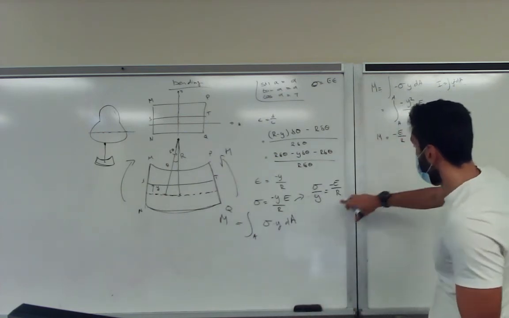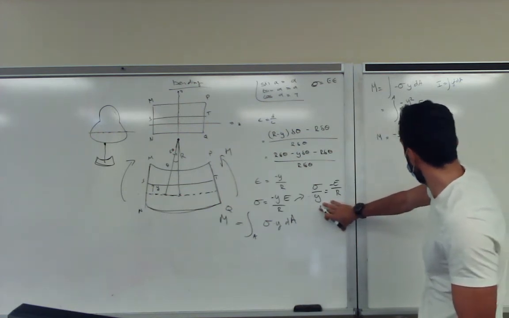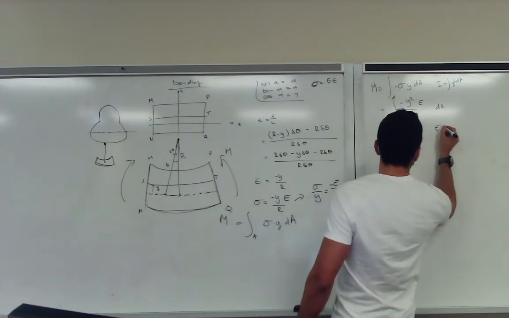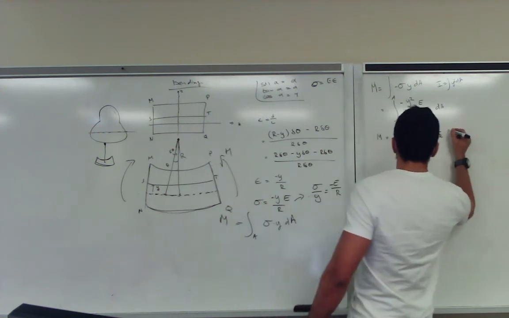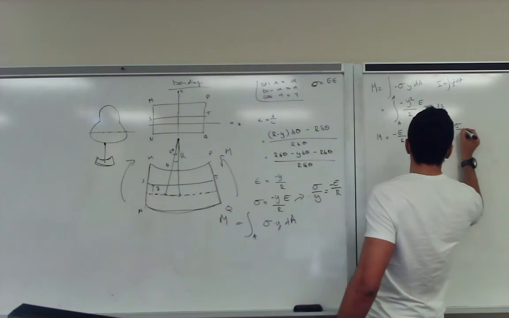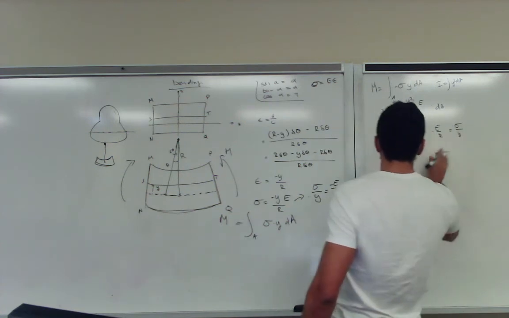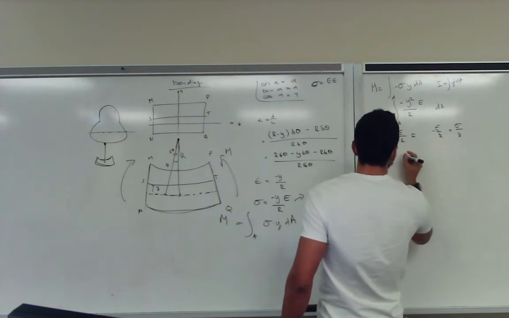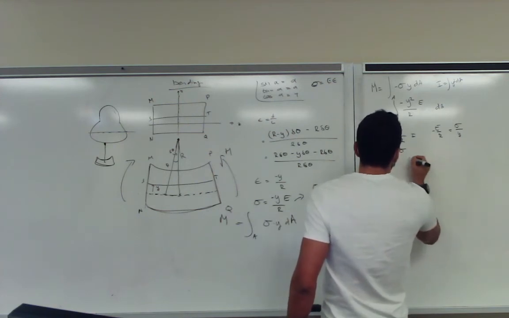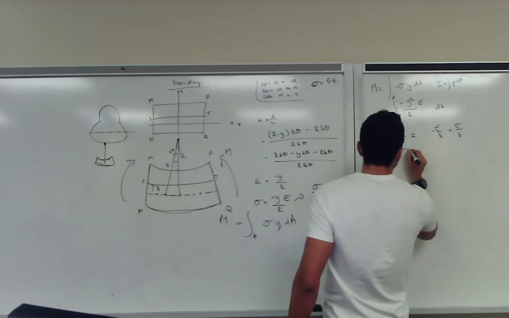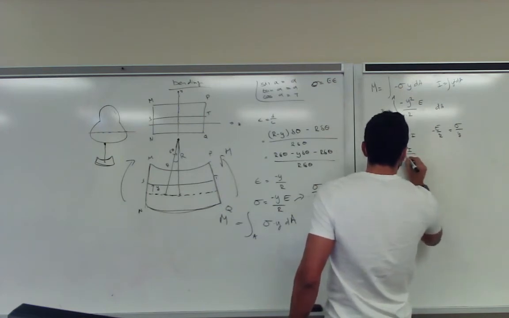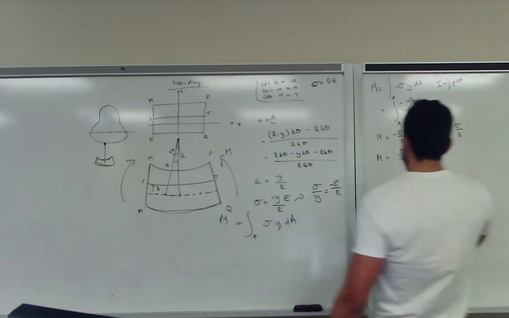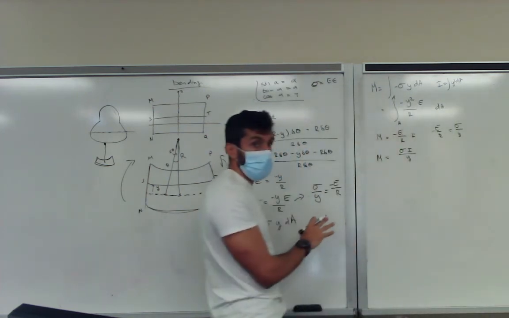And now we can write this relationship as well. We rewrite E over R as equal to stress over y. So we can substitute that back in, and we get that the moment is equal to the stresses multiplied by the moment of inertia over y. And what we want is the stress as a function of moments.